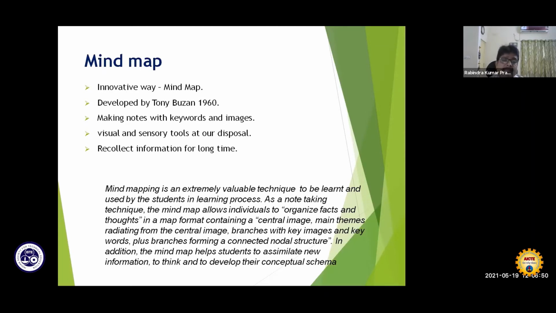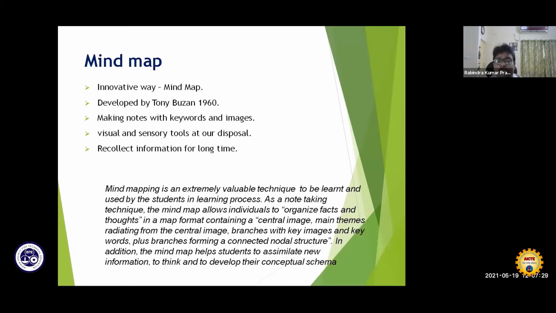So mind mapping is basically an extremely valuable technique to be learned and used by students in learning processes. As a note-taking technique, the mind map allows individuals to organize facts and thoughts in a map format containing a central image, main themes, radiating forms of central images, branches with key images and keywords, plus branches forming a connected nodal structure.